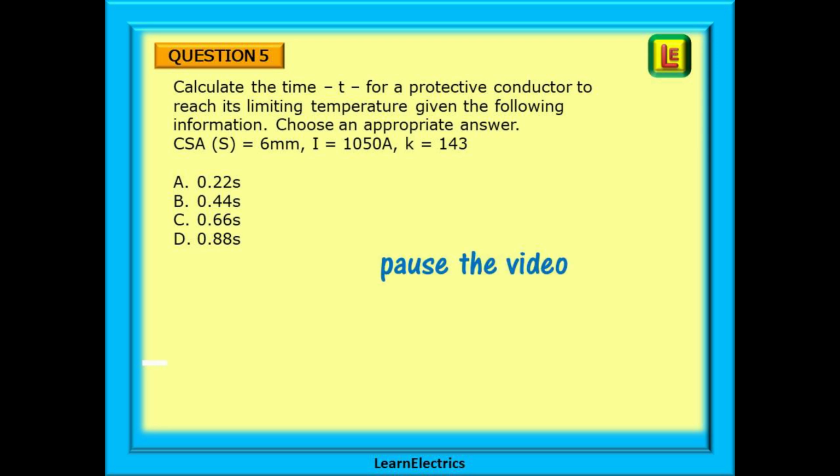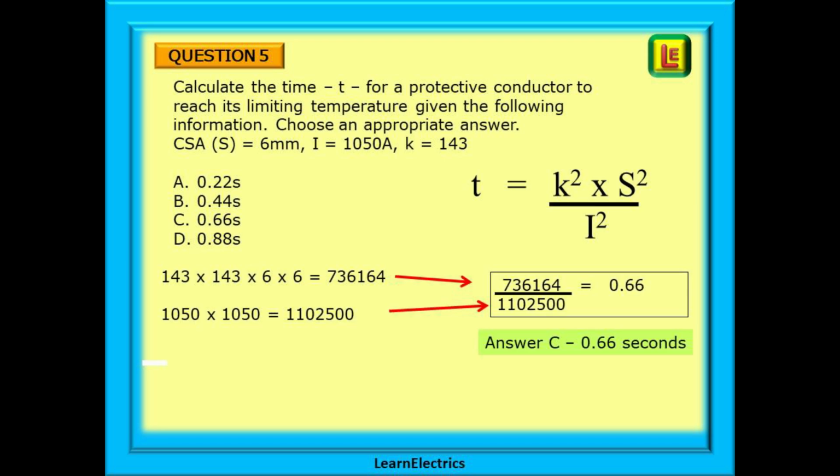Pause the video again. The answer to question 5 is 143 times 143 times 6 times 6, which is 736164, and 1050 times 1050 is 1102500. Dividing these out, we have 0.66 seconds, and we should choose answer C.